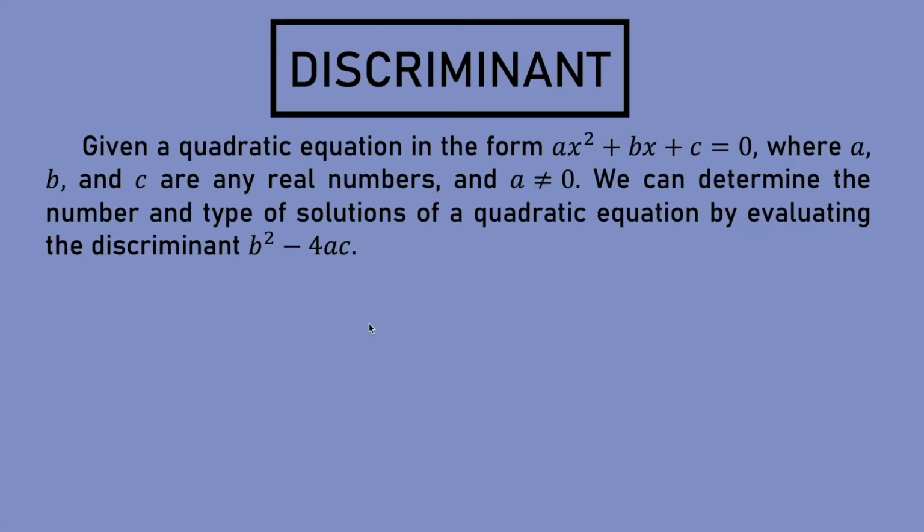Given a quadratic equation in the form ax squared plus bx plus c equals 0, where a, b, and c are any real numbers and a is not equal to 0, we can determine the number and type of solutions of a quadratic equation by evaluating the discriminant. This is the purpose of the discriminant, to recognize how many solutions there are in a given quadratic equation.